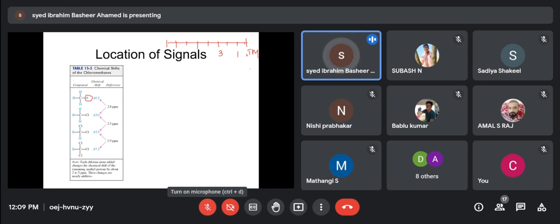So tell me, why are you getting a delta value of 3 for methyl chloride and a delta value of 0.2 for methane? What's the reason?